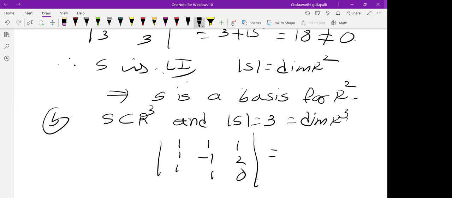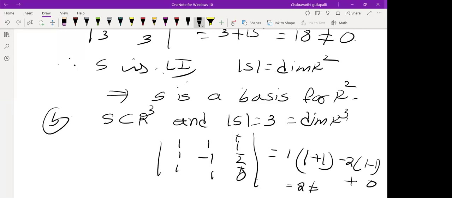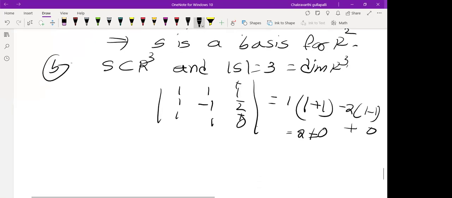Expand the determinant. Can expand along any row or any column. 1 into 1 plus minus 2 into 1 minus 0 into anything 0. Therefore, S is linearly independent. Therefore, S is a basis.